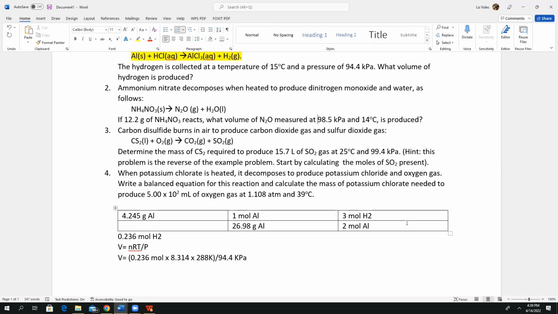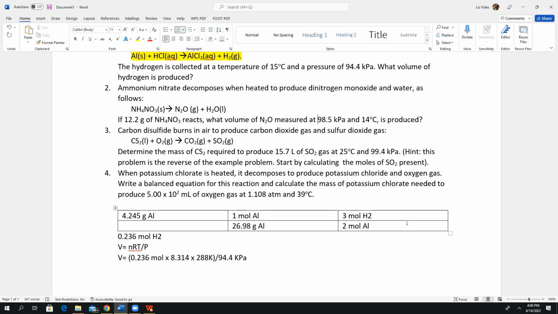And our temperature is 39. What is 39? 273 plus 39, 312. Okay. So let's see where we get here. I got n is equal to 0.0216. And we only had two, yeah, okay.